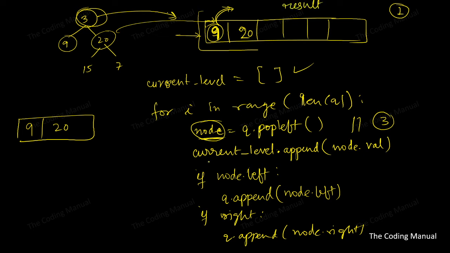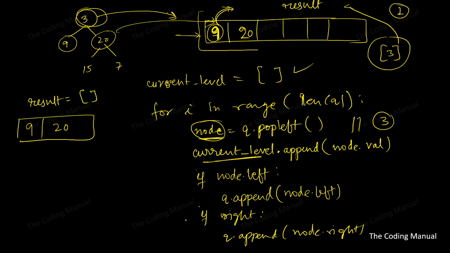In our current level we have 3 as a list, so we will add this particular list to the resultant list. So finally we will say result dot append the current level.